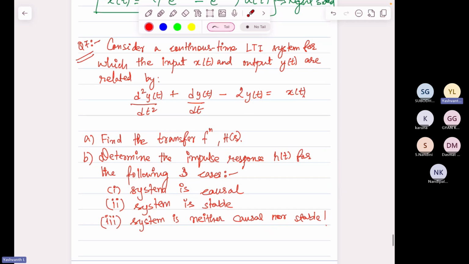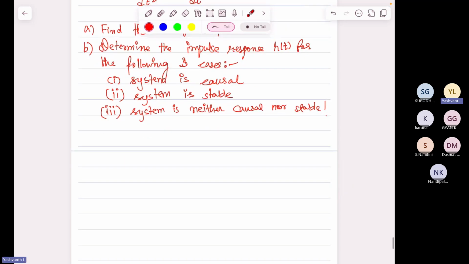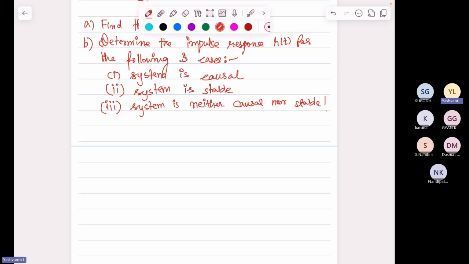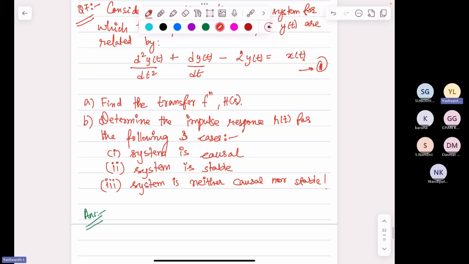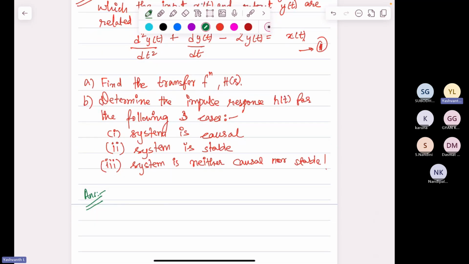First is to find H of s, the transfer function. Part A answer. Define this differential equation as equation 1 and take Laplace transform on both sides of equation 1.